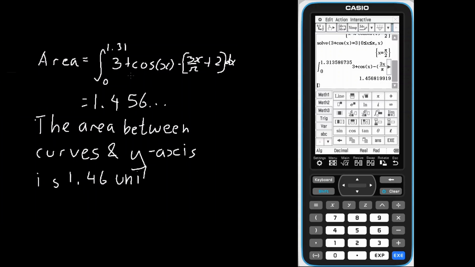Don't forget to write units squared. Then I can let the marker know that I rounded to 3 significant figures, just so they know what I'm doing. And that's it. That's how you do it.